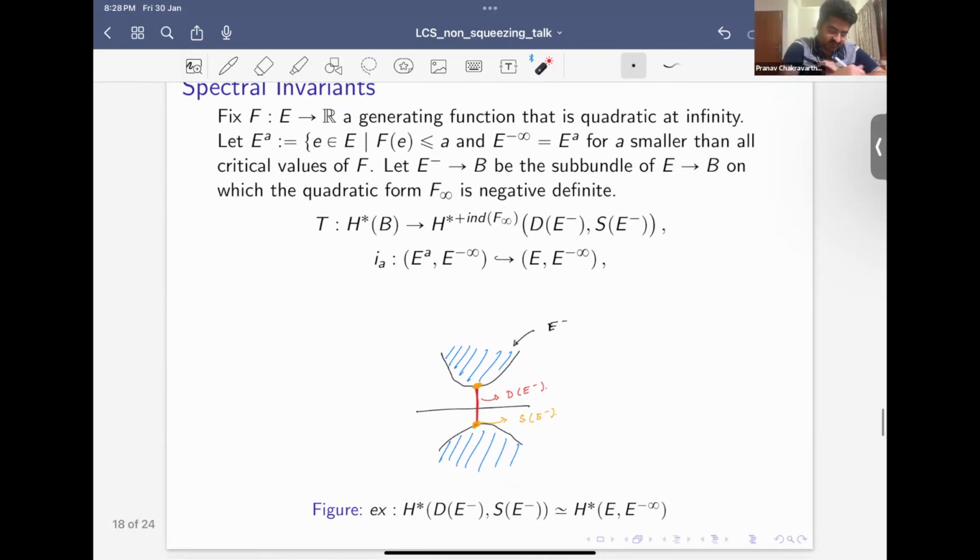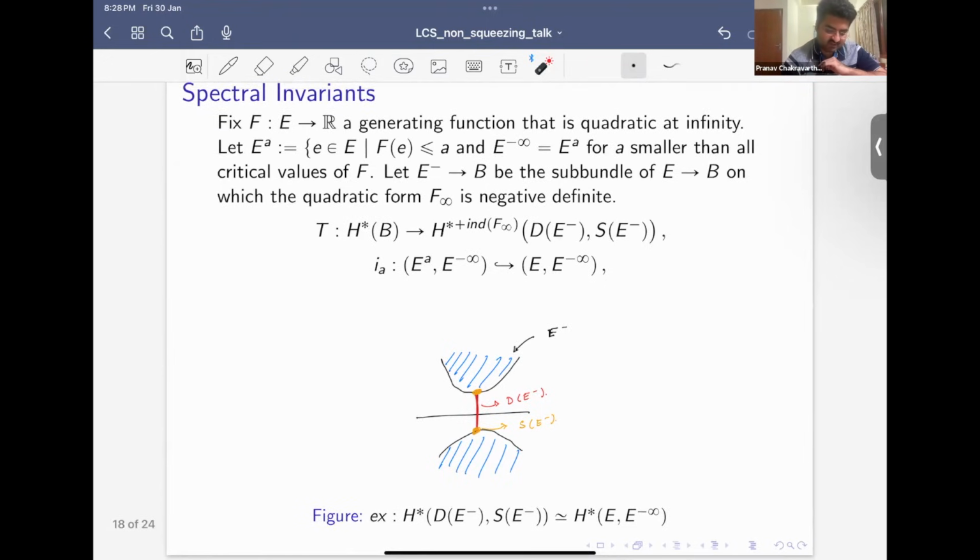Suppose you have a generating function that's quadratic at infinity. You can associate spectral invariants to it as follows. Firstly, we can define a level set EA, which is the set of all points on the vector bundle below the energy A. And E to the minus infinity is an energy level below all the critical values of F, for which the topology no longer changes.